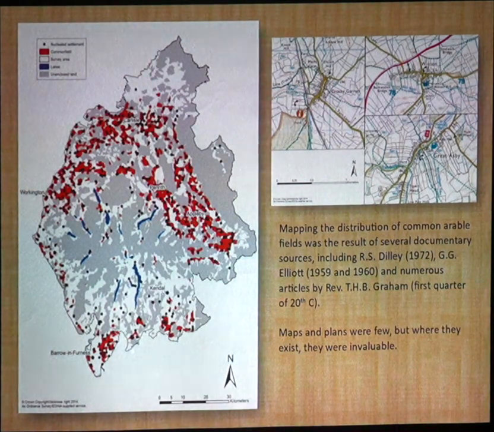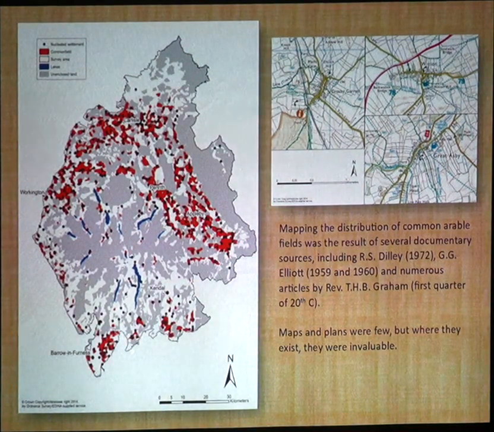And the patterns are obvious. Where the nucleated settlement is, we have most of the common arable fields. So you've got more population, they're arable farming in quite big arable fields in the lower lands, along the Solway coast, down the Eden Valley and down in the Furness Peninsula as well.